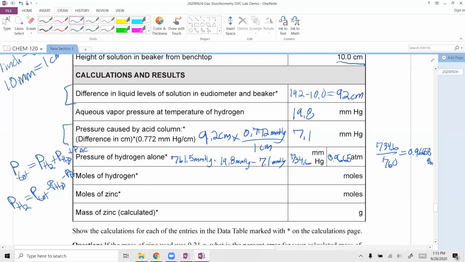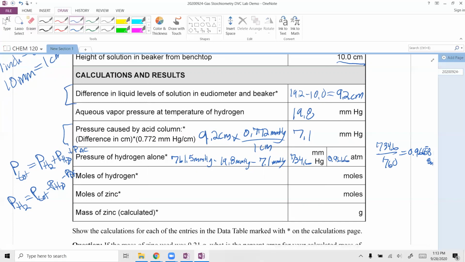We have 4 sig figs, so 1, 2, 3, 4. So we're looking at that 5. Now that 8 is higher than 5, so we have to round it up. So 0.9666 ATM. So that's our pressure.